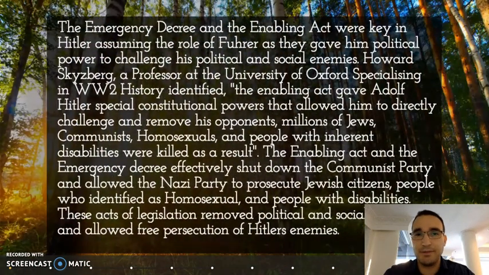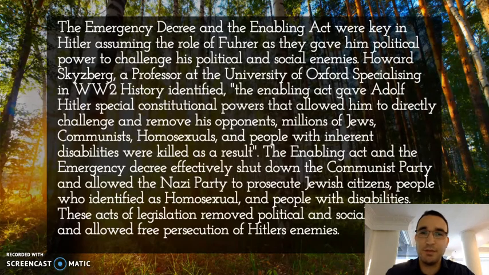The Emergency Decree and the Enabling Act were key in assuming the role of Führer as they gave him political power to challenge his political and social enemies. Howard Skeisberg, a professor at the University of Oxford specializing in World War II history, identified the Enabling Act gave Adolf Hitler special constitutional powers that allowed him to directly challenge and remove his opponents.